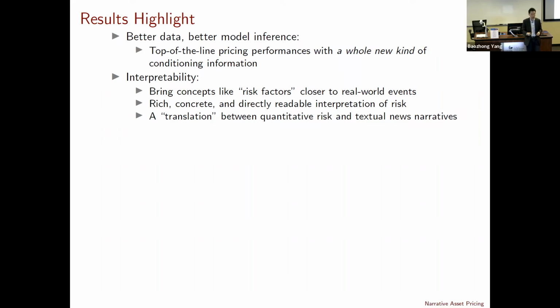So the interpretation of those risk factors are much more diverse. All kinds of news are very concrete, directly readable. We can do text labeling. So this is really bringing this abstract concept closer to real world events. So essentially there is a translation, a link between quantitative risk and textual news narratives, right?